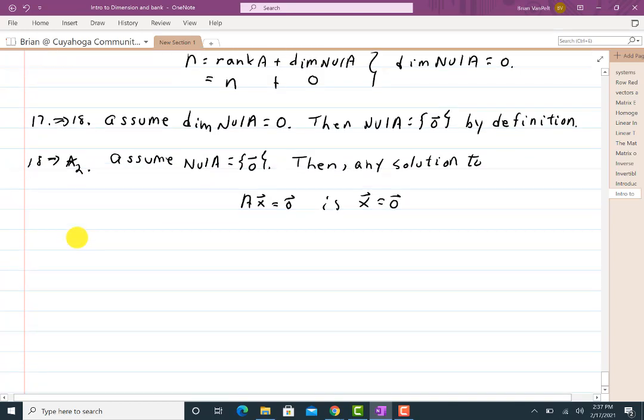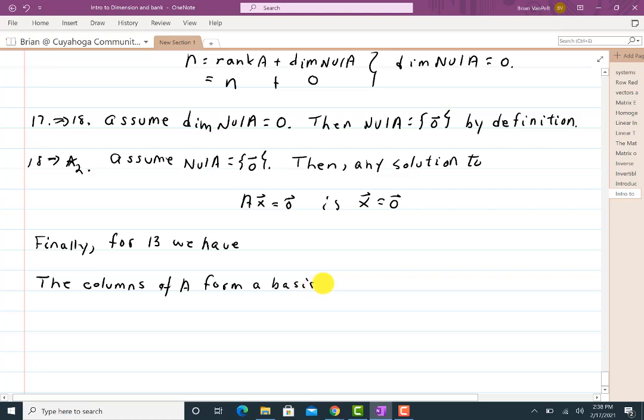Now finally, to handle number 13, we have the columns of A form a basis for Rn if and only if.